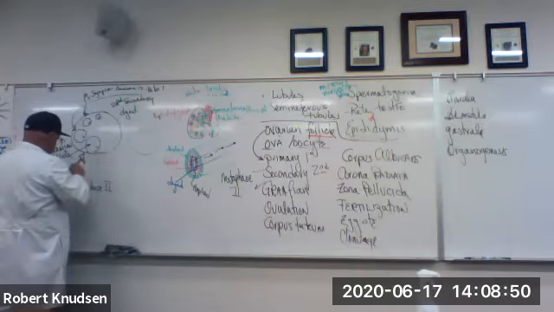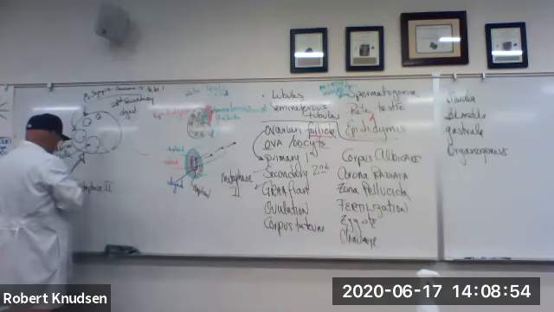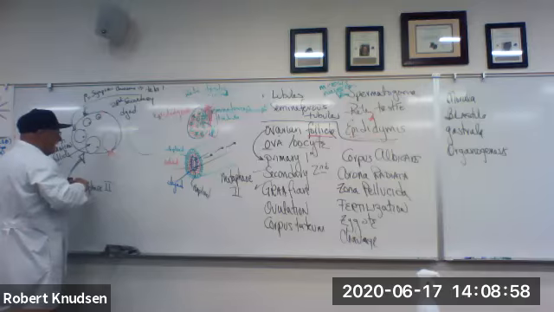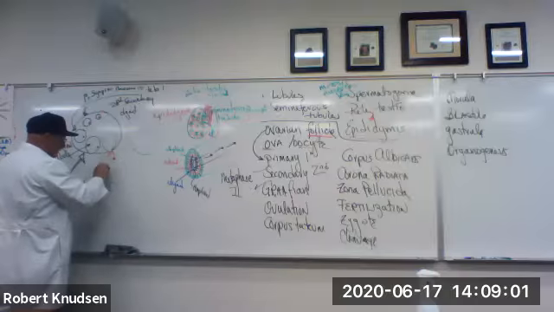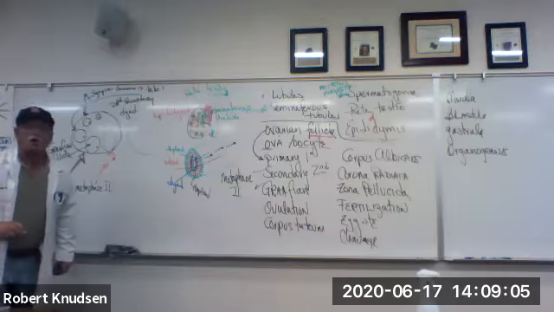Okay, it's Graafian. Then it pops. And the egg comes out. That's in metaphase 2. The egg comes out. There's a name for that. It's called ovulation.